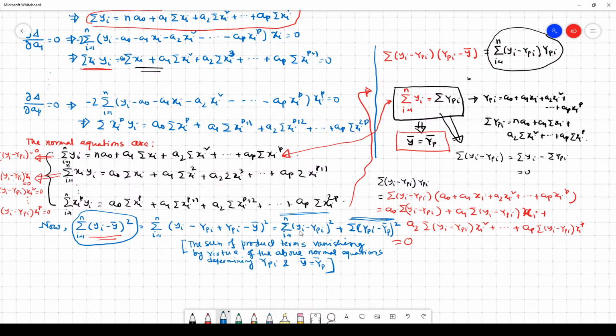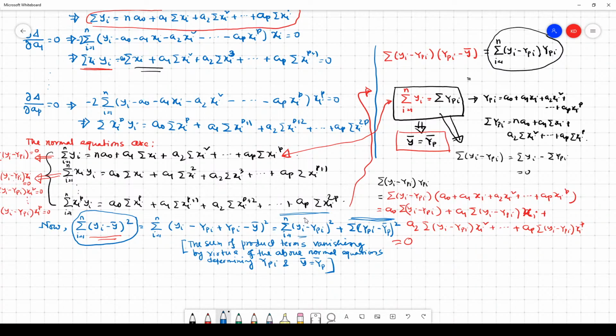Why? If you look at the first sum, this is the sum of squares due to the difference between yi minus capital Ypi. Yi minus capital Ypi is nothing but an error. Yi is an observed value, Ypi is a predicted value, obtained using a pth degree polynomial.